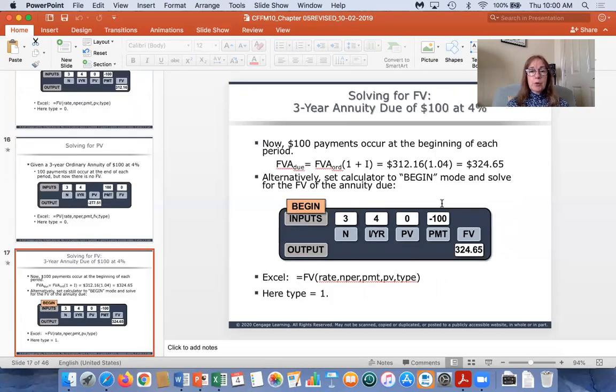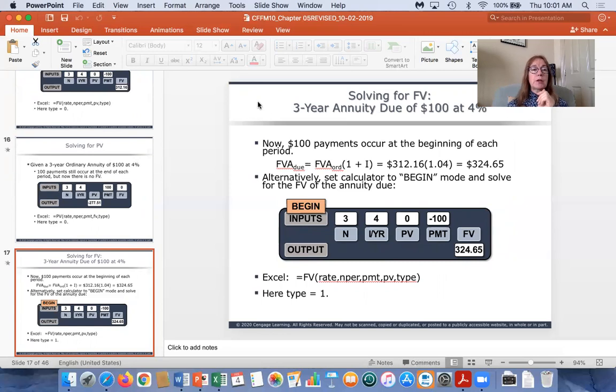An annuity due is when payments are made or received at the beginning of the period. If you look at the formula for the future value of an annuity due, you're just taking the same formula as an ordinary annuity, but tacking on 1 plus the interest rate at the end of it.